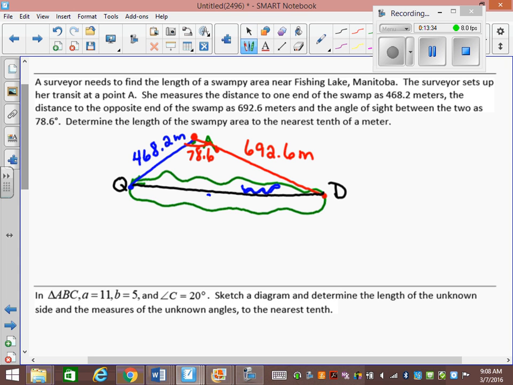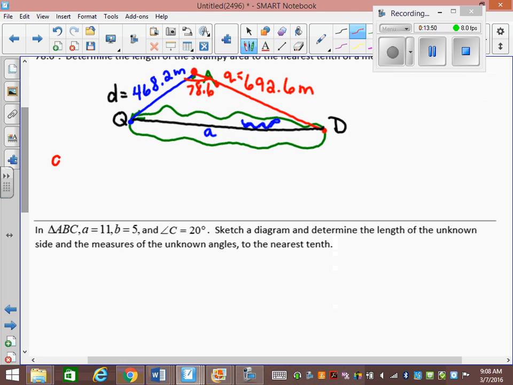This is angle A, this is side A. This is angle D, this is side D. Angle Q, side Q. So I have SAS, side angle side. The moment I have side angle side, I just write the side angle side formula because I have to use it and I have to find the third side, even if it is not the one I'm looking for.